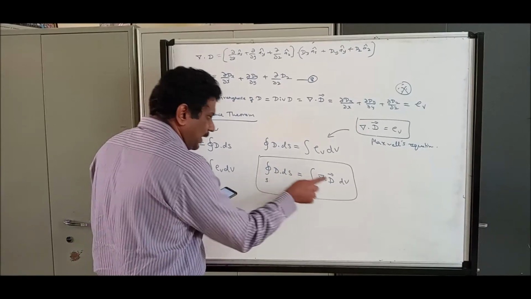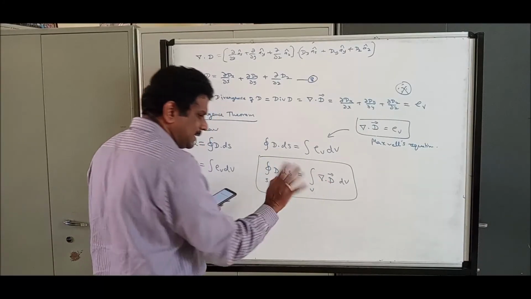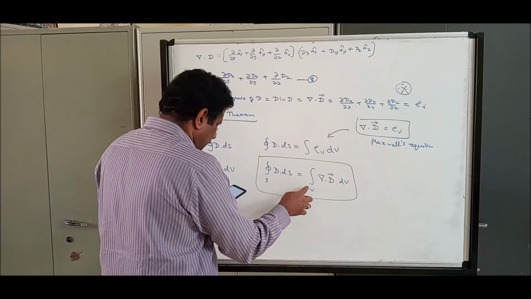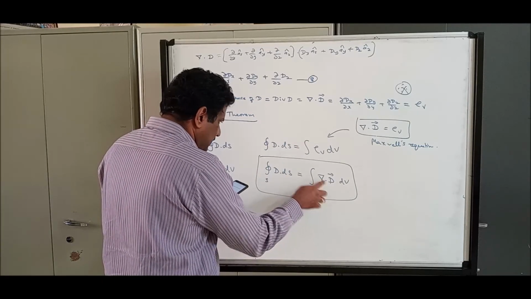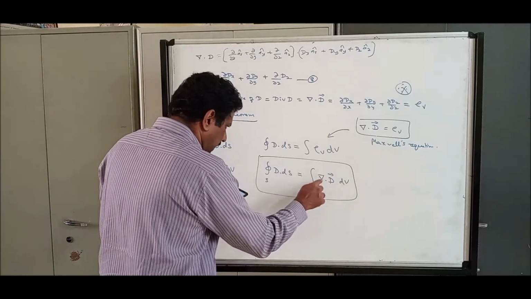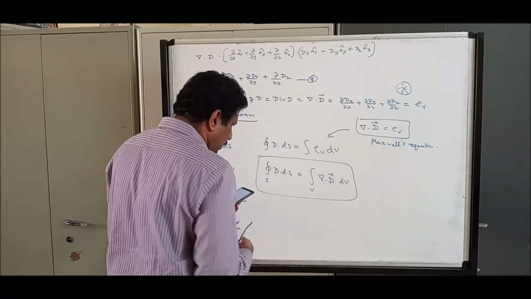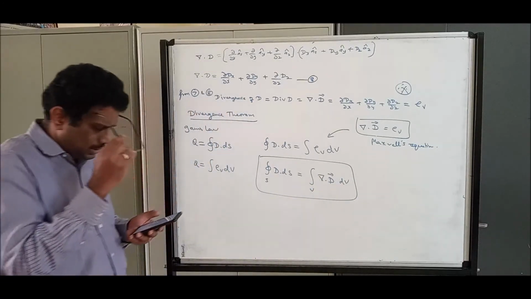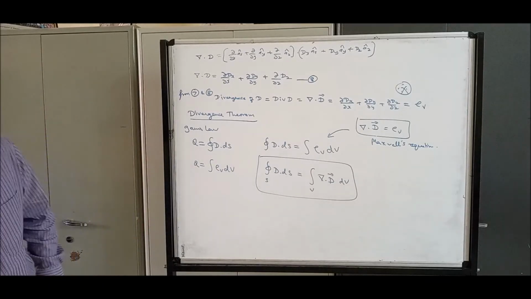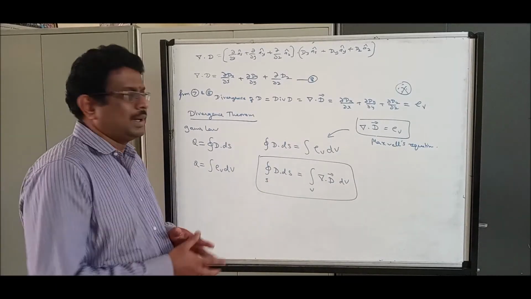If it is D here, it is D there; if it is E, then E. It is applicable for anything. The integral of the divergence of D through the volume dv enclosed by that closed surface.